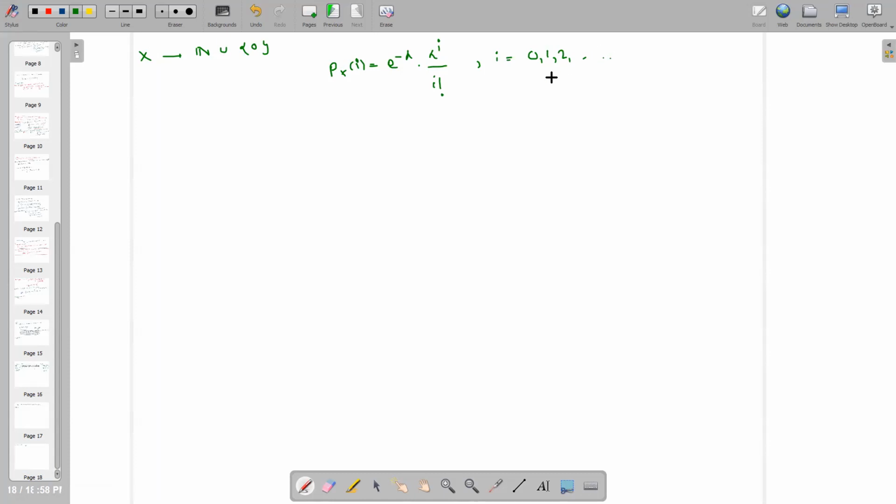Don't mind the lambda. This is a positive real number.